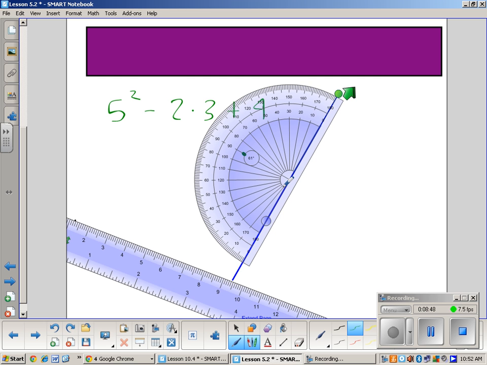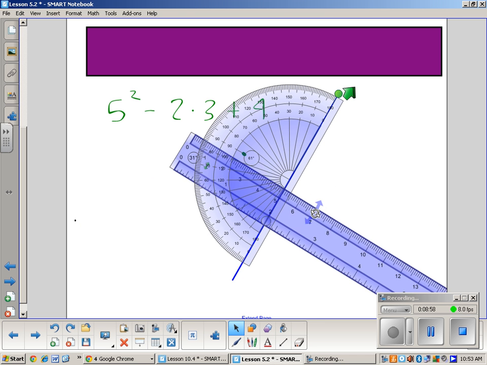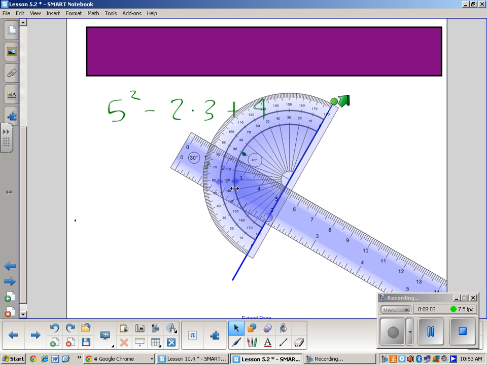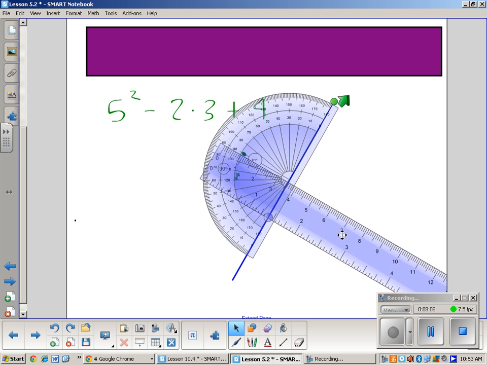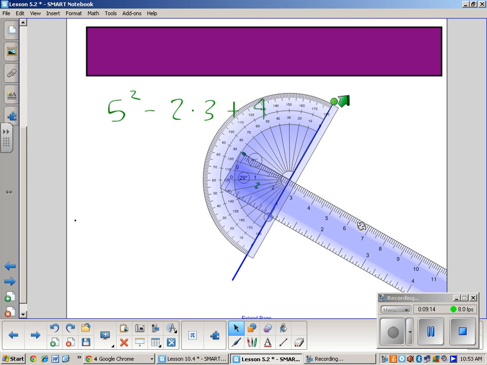Now, what I want to do is line my ruler up on that and measure the distance from that point to the line. And so that distance is, can anybody see it? 2.5. I can live with that. That's really close. So the distance from the point to the line is 2.5.